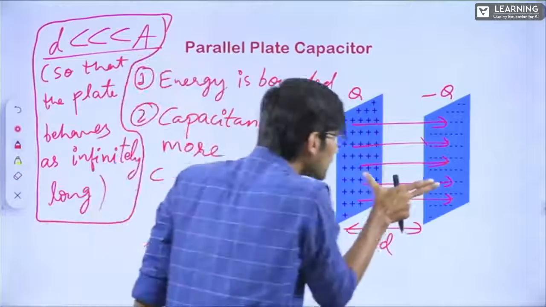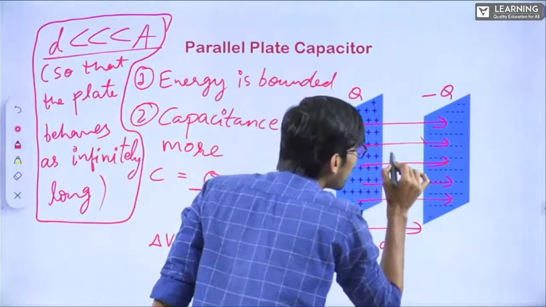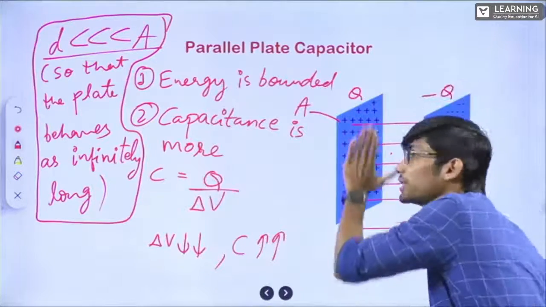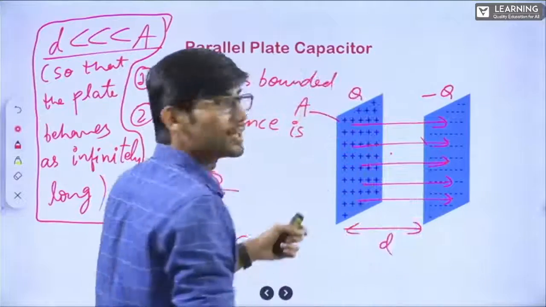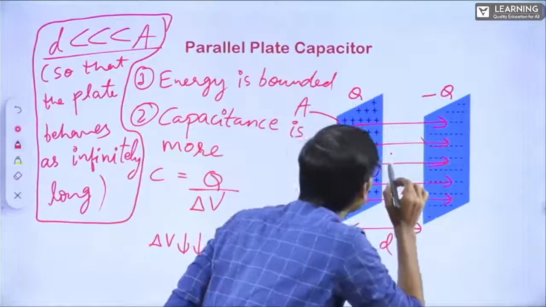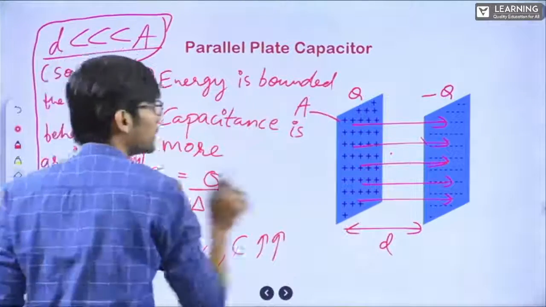The same way, if the separation is less. Now if I take that ant and make it sit here, from here, if that ant sees, this sheet will look like an infinitely long sheet. Correct? So if the separation is less, from any point between this separation, if I see this plate, it will look infinitely long. I hope it's clear.